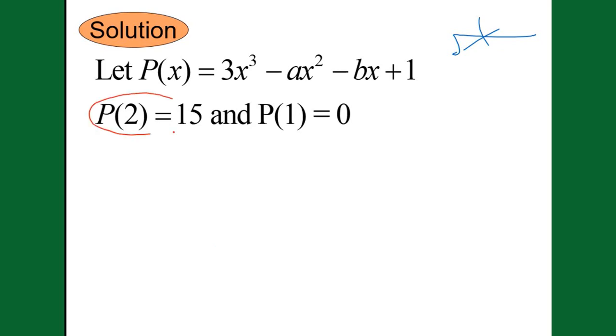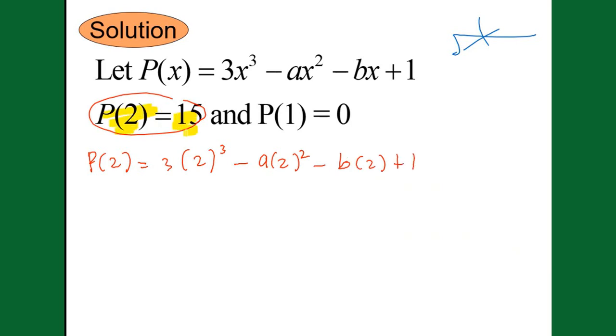So now first step. First sekali, ambil info ni. P of 2, substitute semua. Minus A, minus B, plus 1. Actually P of 2 is equal to 15. You boleh buat sini 15, replace yang ini dengan 15.